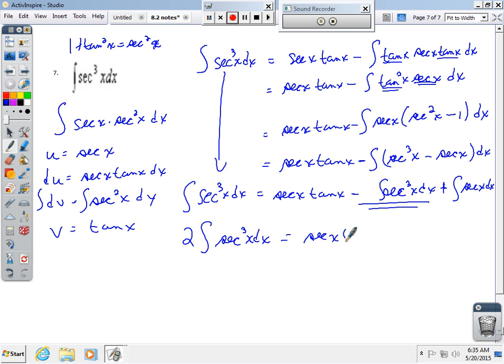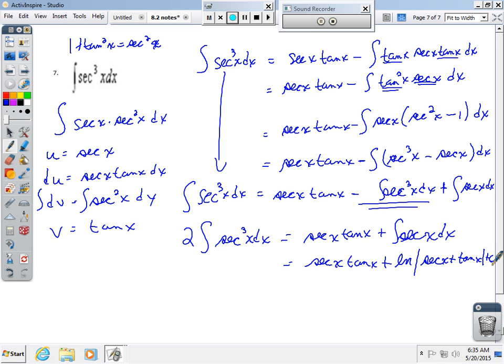secant x tangent x plus the integral of secant x. It's kind of messy, but alright, so now I get a secant x tangent x, and then the integral of secant x, if you remember this one, is the ln of the absolute value of secant x plus tangent x plus c.